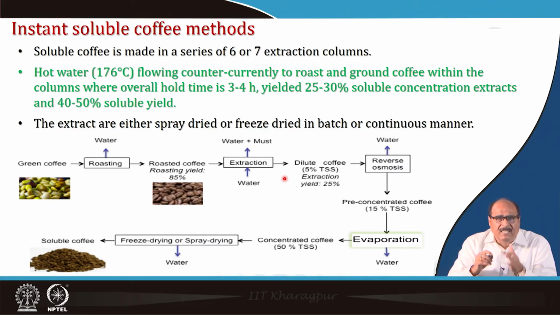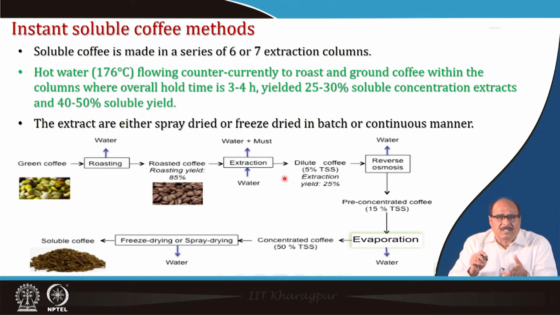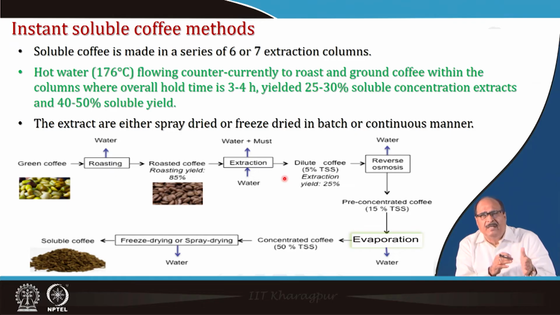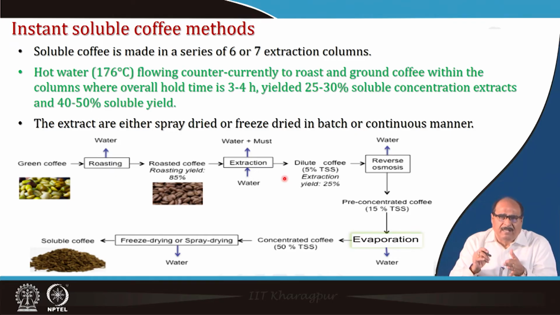And here you can see the whole process flow chart of the instant coffee process is given. So, the extract which is obtained is further concentrated normally either by vacuum concentration, but the method of choice is the freeze concentration process.